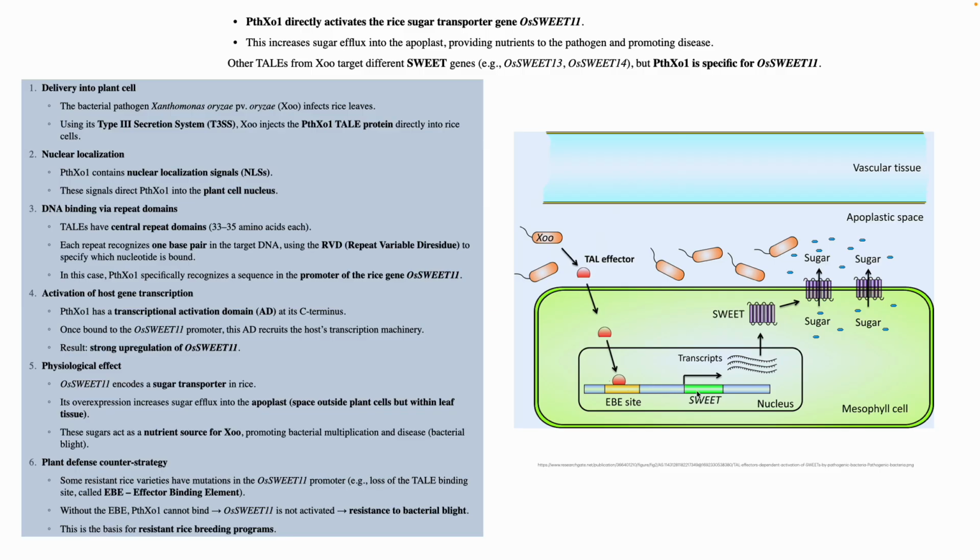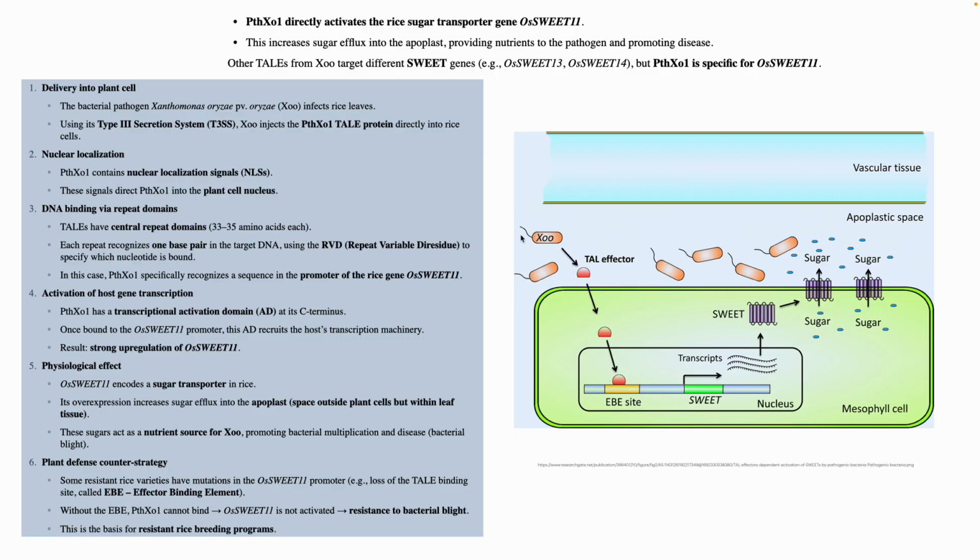After transcription, it leads to the synthesis of a sugar transporter in rice, which leads to an increase of sugar in the apoplast space of the plant cell, where these bacteria reside. After the sugar gets into the apoplast space, it serves as food for these bacteria. This will lead to an increase in the bacterial number, and it will help in further bacterial infection.